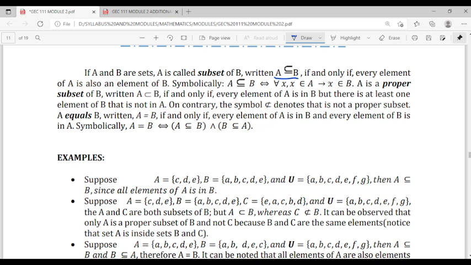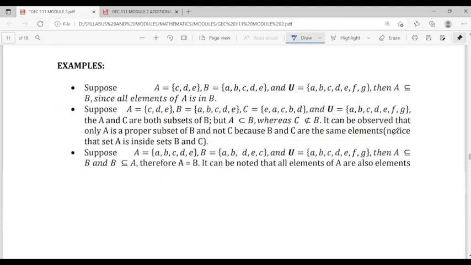A is a subset of B if and only if every element of A is also an element of B. In symbols, it means this: A is a subset of B if and only if every element x of A is also an element of B. A is a proper subset of B, with this symbol, if and only if every element of A is in B but there is at least one element of B that is not in A. Because if every element of A is also an element of B, then A is equal to B. But we're talking about the proper subset.